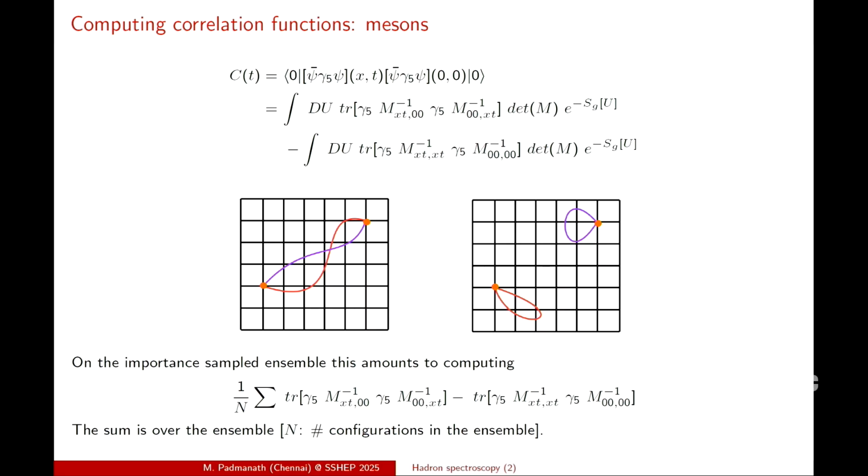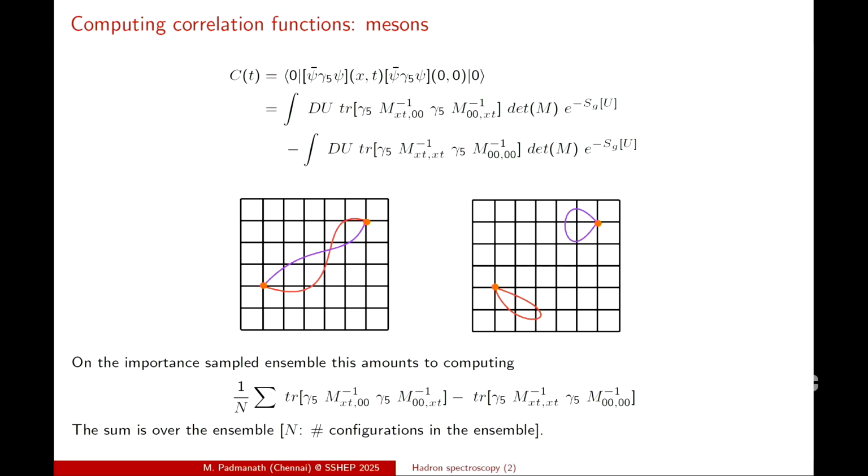What that just means is that here there is a quark propagation that starts from 0 going to x, while there is a quark propagation in the reverse time direction, and these ones are basically self-annihilating. So it's basically a quark starting from the same point and ending at the same point.